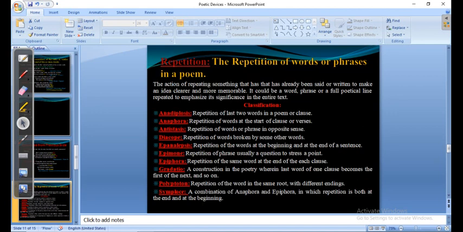And now we will go to repetition. What does the word repetition mean? If you go to the poem The Tale of Custard the Dragon, in that poem the poet has repeated some words and some lines.